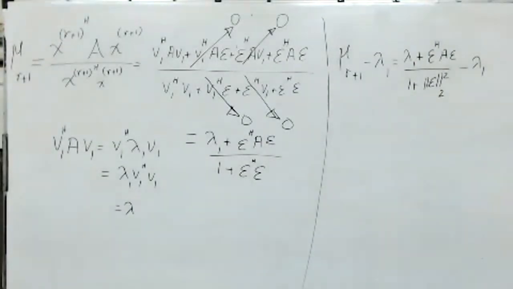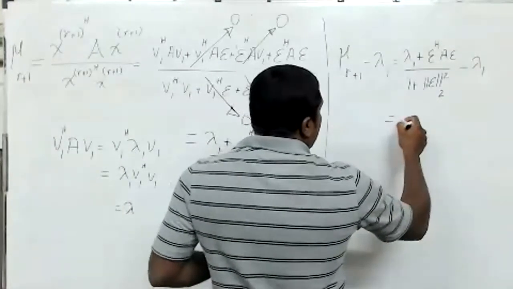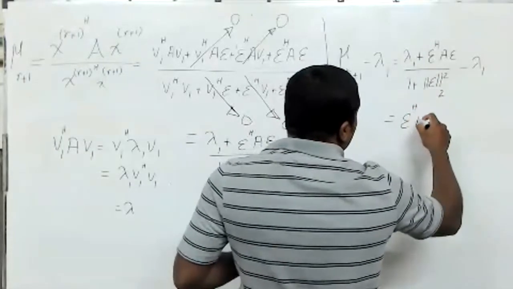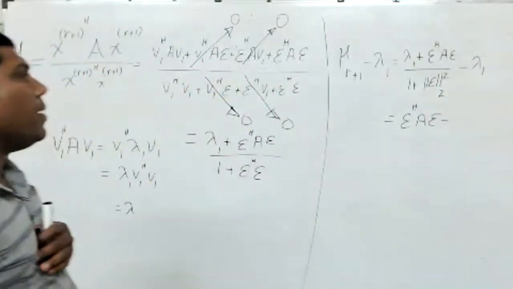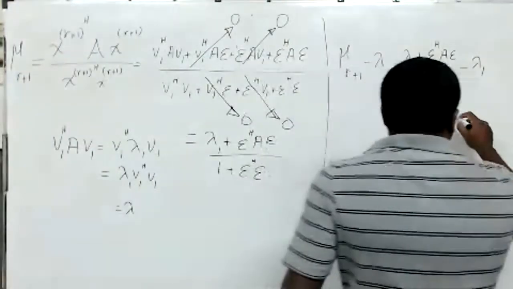Simplifying, lambda 1 is subtracted, and this is equal to epsilon Hermitian A epsilon minus lambda 1 times the 2-norm of epsilon squared.